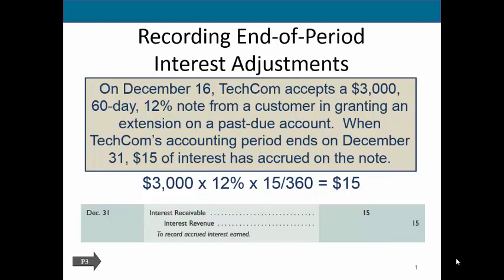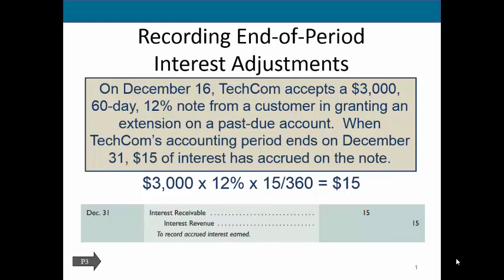Or maybe it's a 9-month note, but it happens to cross over into 2 separate years or 2 separate reporting periods. Anytime we close a reporting period, we need to make sure that we recognize any revenue that has been earned or any expenses that have been incurred. And in this case, we're talking about revenue, interest revenue.